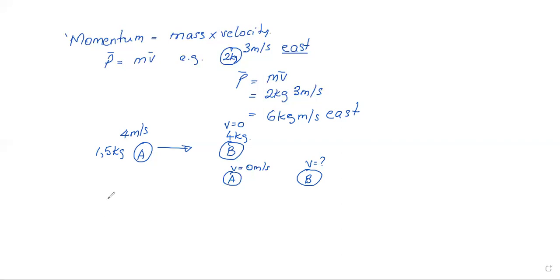Now, here we are going to make use of conservation of momentum. The conservation of momentum says the sum of the initial momentum before collision is equal to the sum of the final momentum in a closed system after collision.